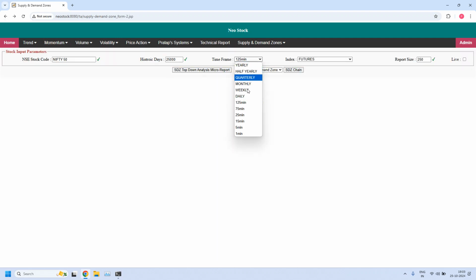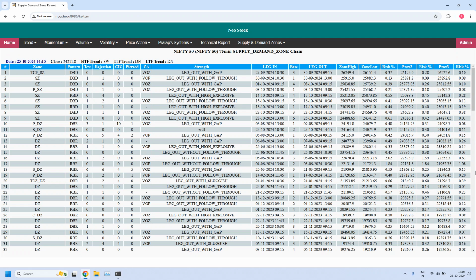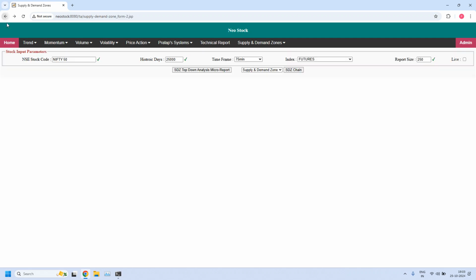Next time frame is 75 minutes, generating 75 minutes supply demand zone chain for Nifty. Next time frame is 25 minutes, generating 25 minutes supply demand zone chain for Nifty.